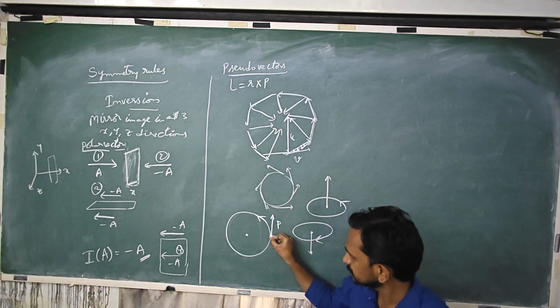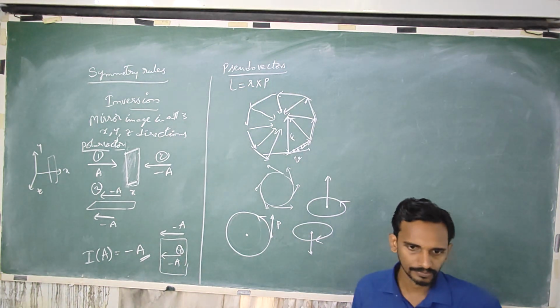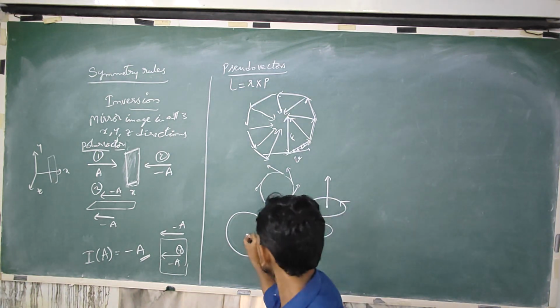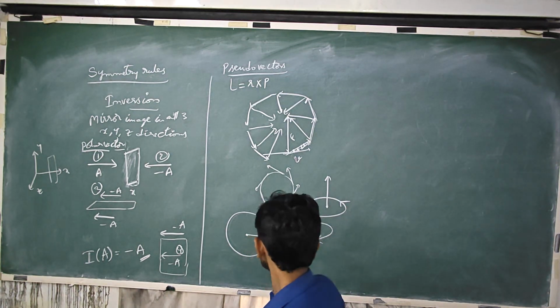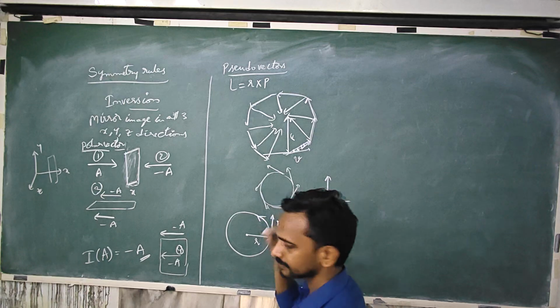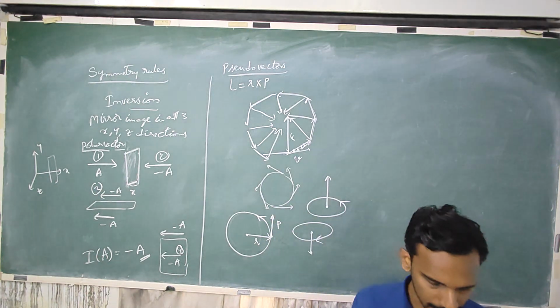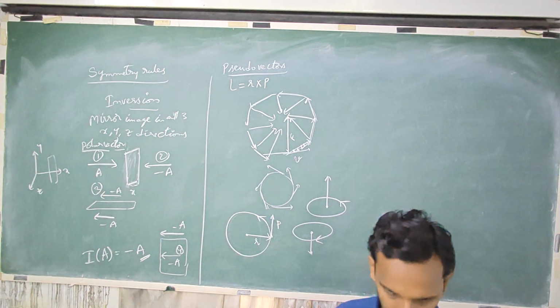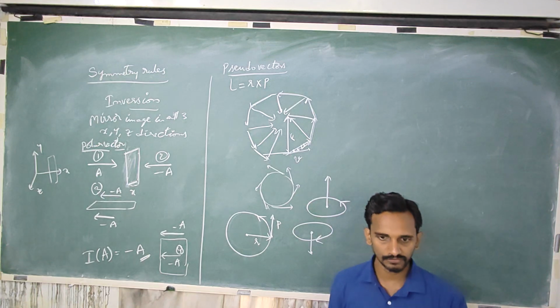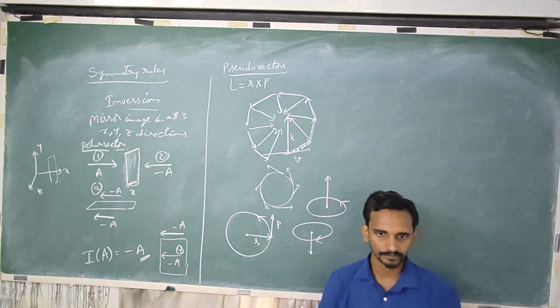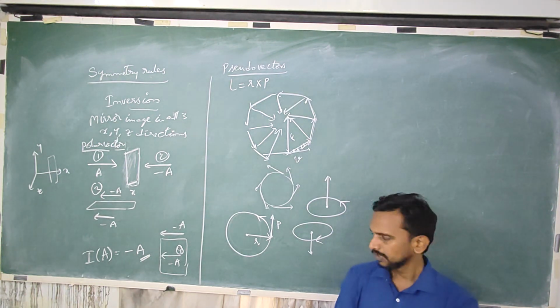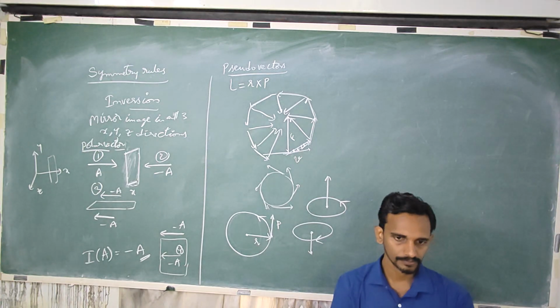So at this point, let's say this is the momentum vector, and this is the radial vector. The radial vector connects the center to the object. It is directed from the center to the object. So this is the direction of the radial vector.